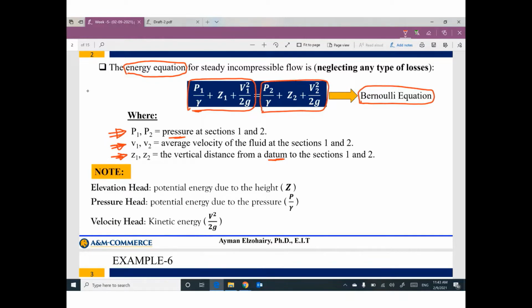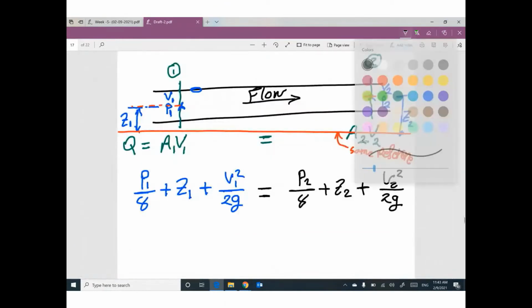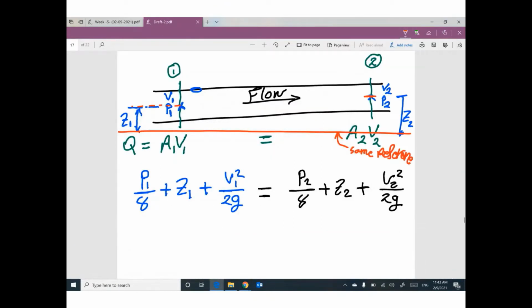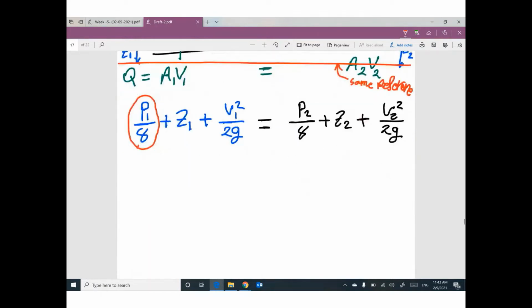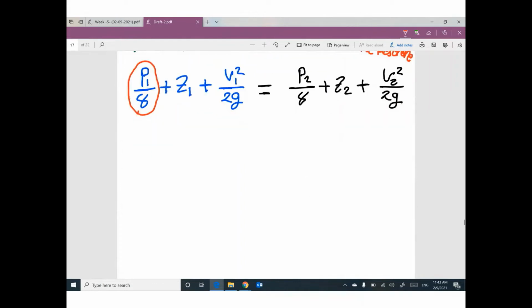Just for your information, this term, P1 divided by gamma, and we understand what is the meaning of gamma. I believe you understand this. Gamma is the unit weight of water, which is 9,810 Newton per cubic meter, or 62.4 pounds per cubic foot.